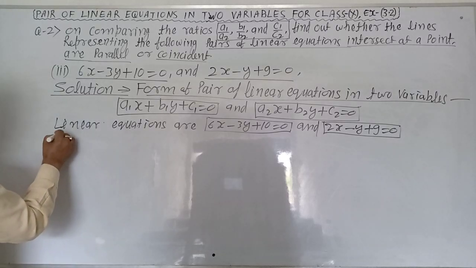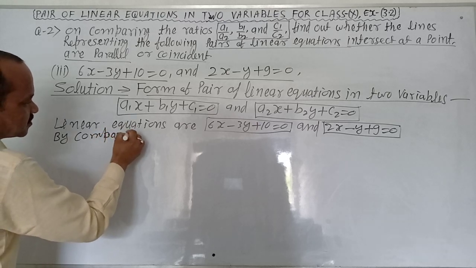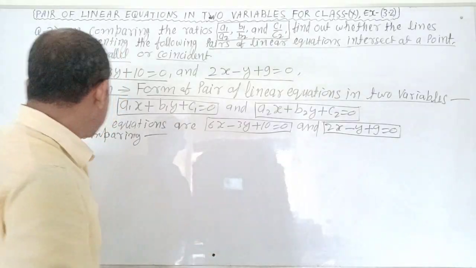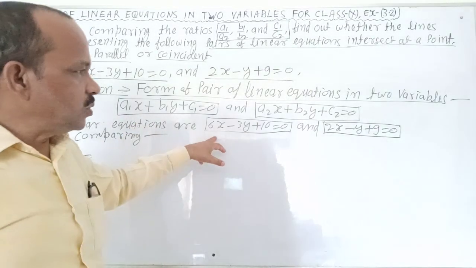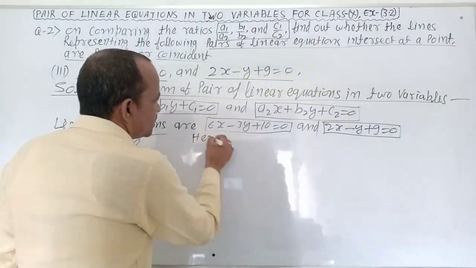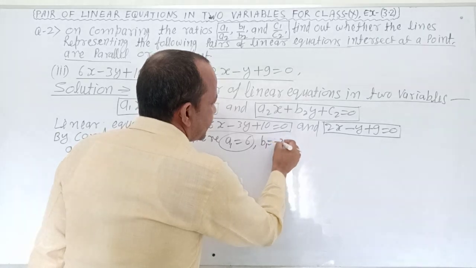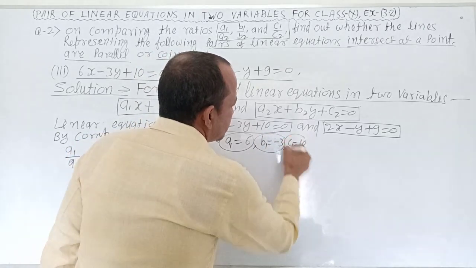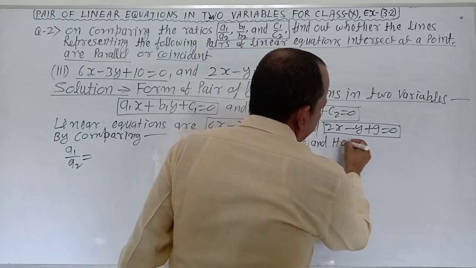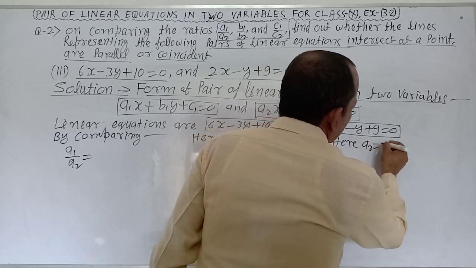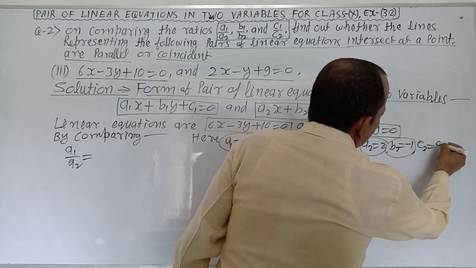By comparing, you can see here a1 equals 6, b1 equals minus 3, c1 equals 10, and here a2 equals 2, b2 equals minus 1, c2 equals 9.